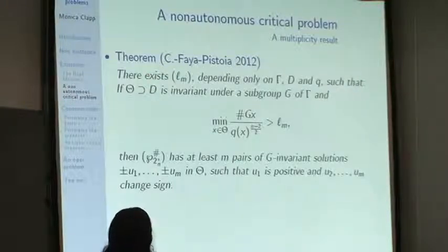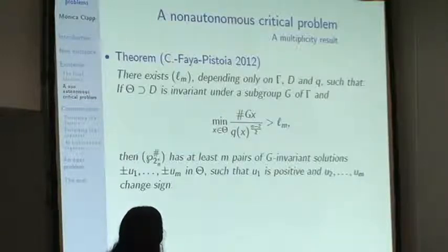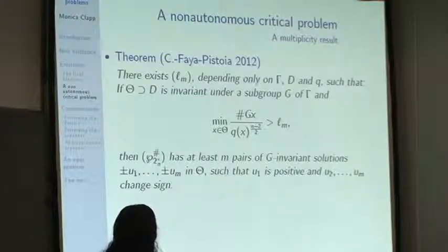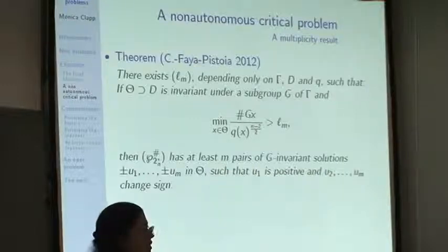If you take a domain which contains D, which is invariant under the action of a subgroup G of gamma, and this inequality holds, then the problem will have at least M pairs of G invariant solutions. The first of them is positive, and the rest are sign changing.